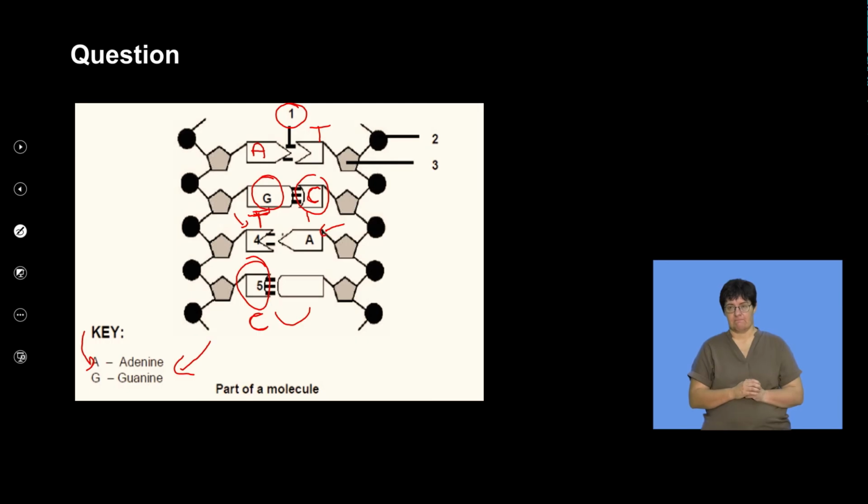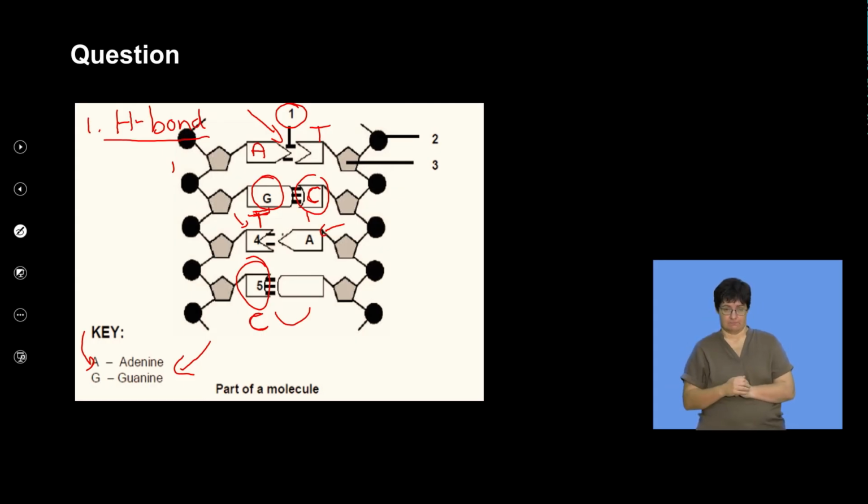So we look at number 1. Number 1 points specifically to the structures between A and T, and those would be the hydrogen bonds. So number 1 would point to the hydrogen bonds, and remember that these nitrogenous bases are held together by the hydrogen bonds. Okay, so that's what we're looking at for number 1. The next structure that we needed to identify was number 5, and I think it's specifically pointing to the skill of being able to identify the type of nitrogenous base.